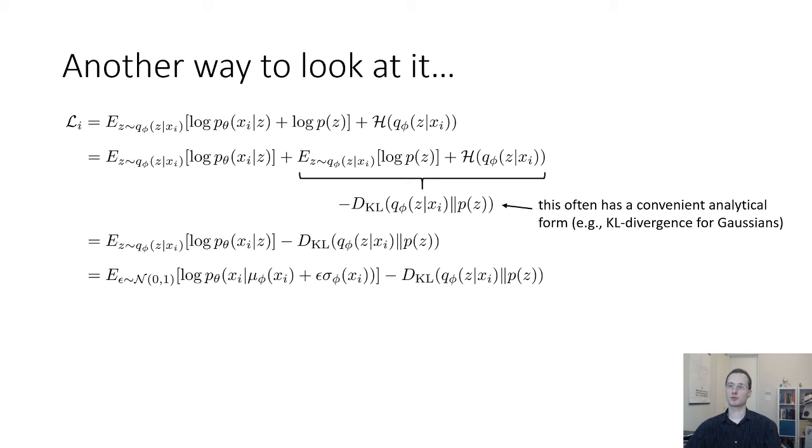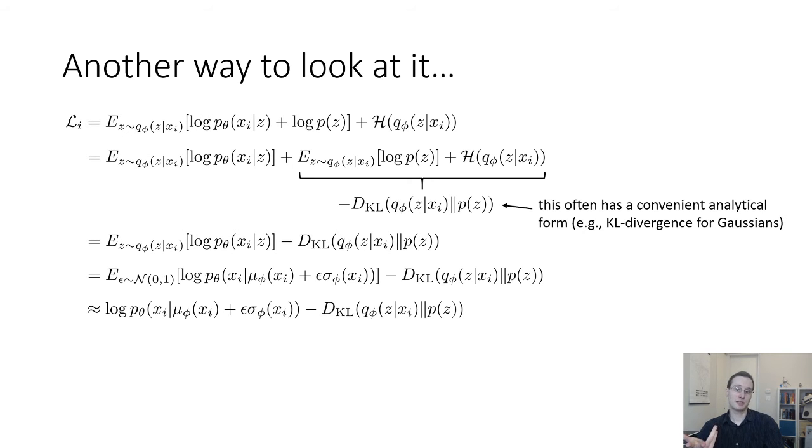And then if we apply the reparameterization trick, that first term becomes an expected value under a noise distribution, zero mean unit variance, of log p theta of xi given mu phi xi plus epsilon sigma phi xi. So both theta and phi now appear inside the expectation, and the distribution under which we're taking the expectation doesn't depend on either of the parameters.